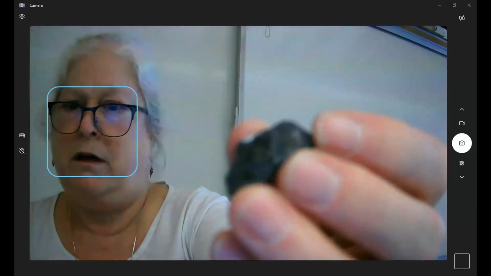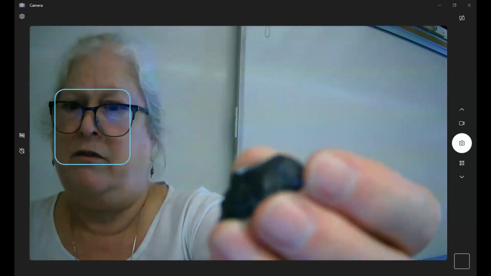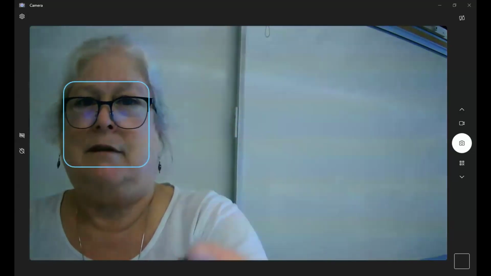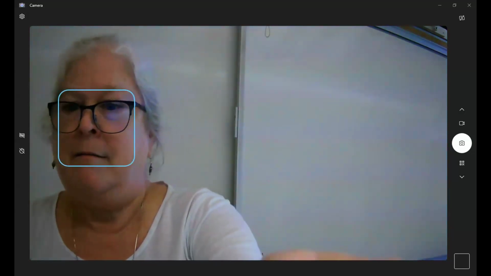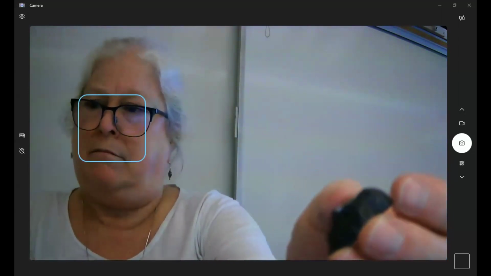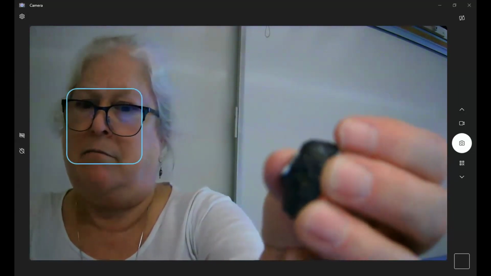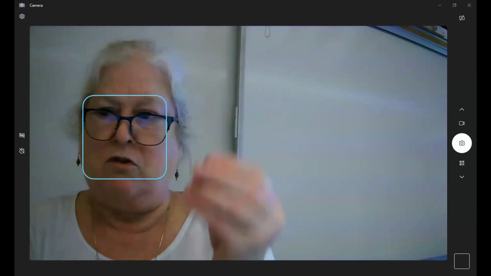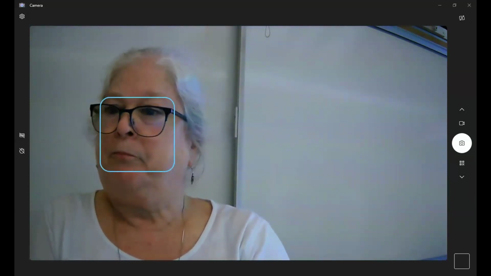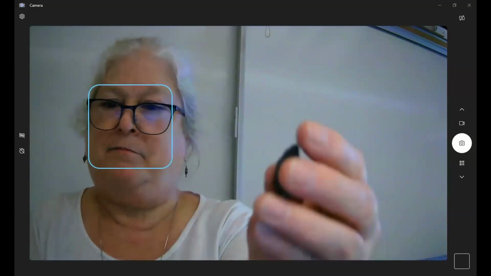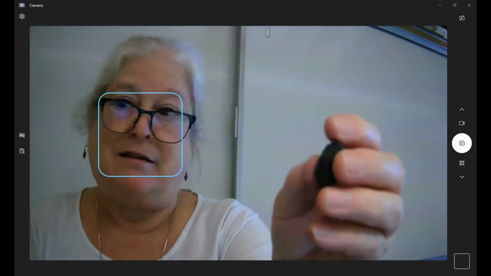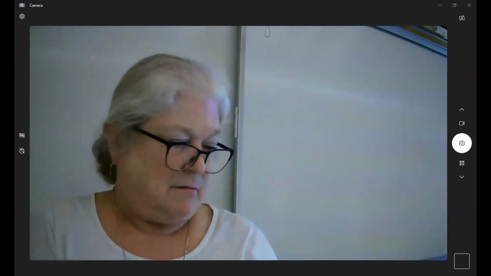But notice in this one, it's not necessarily all of it. In fact, it almost looks blue with this camera. I don't think it's really that way here. But there's no whole flat plane giving you light at the same time. Okay, so there's no cleavage here. This, believe it or not, is what we would call submetallic luster.